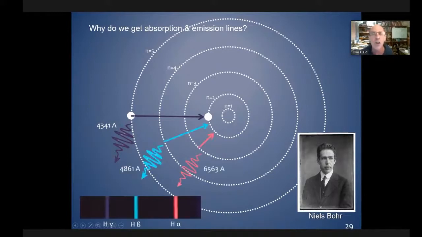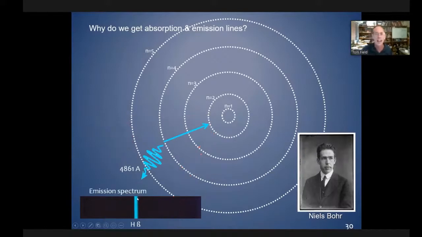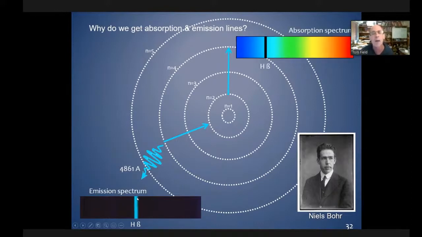Different jumps create different colors. So for example, jumping from 4 to 2 gives us this, well, robin egg blue. That's our hydrogen beta I keep harping on. Now, when an electron drops down, before that can happen, it may have to get pumped up. And if it gets pumped up, we get this gap here, which is an absorption spectrum with a rainbow in the background.